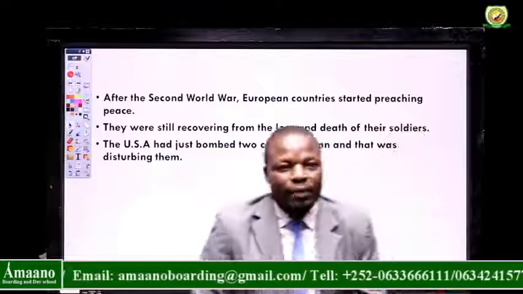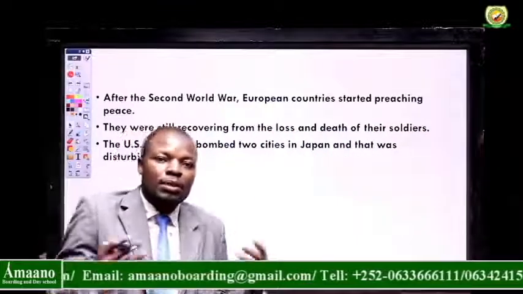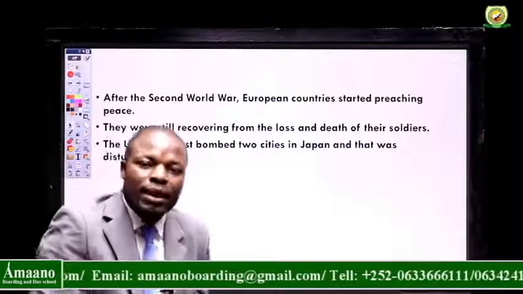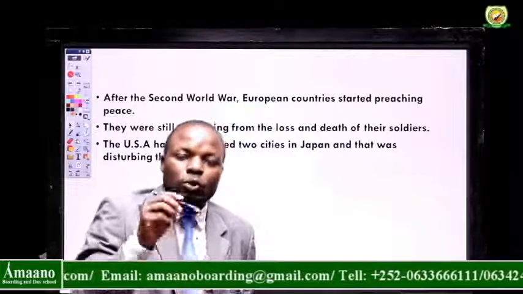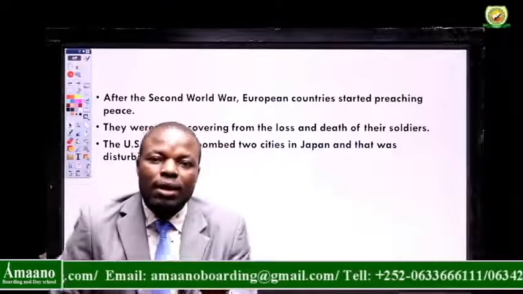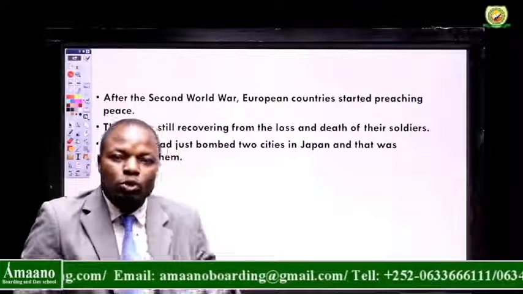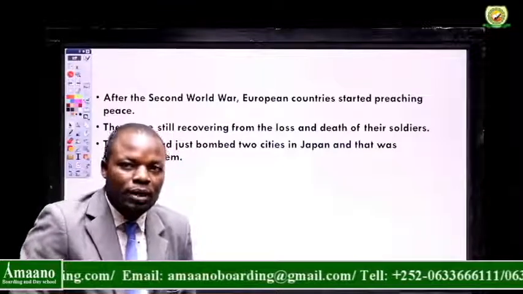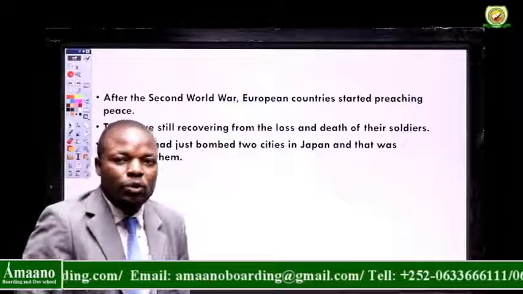And the same to USA. USA was being disturbed. The leaders were being disturbed. People were calling out the USA for having bombed and destroyed Japan. You remember last time we talked about the two cities in Japan, Hiroshima and Nagasaki, that were bombed by massive bombs dropped by the USA in 1945 in retaliation or in revenge to what Japan had done to the US.